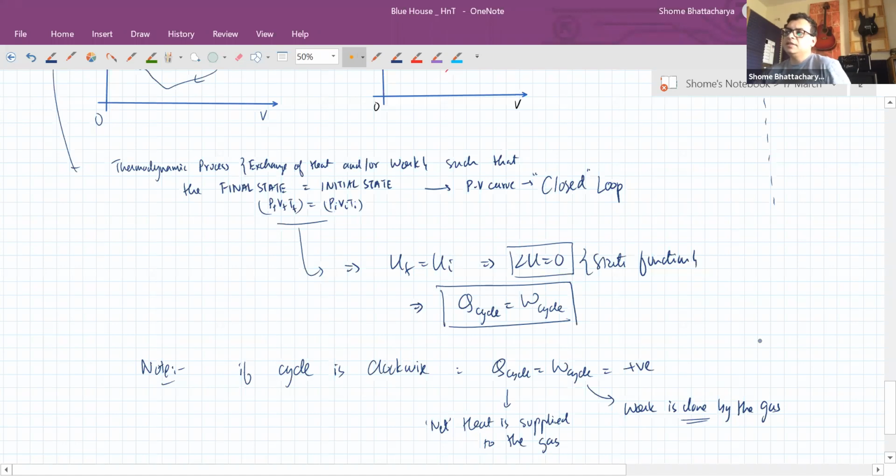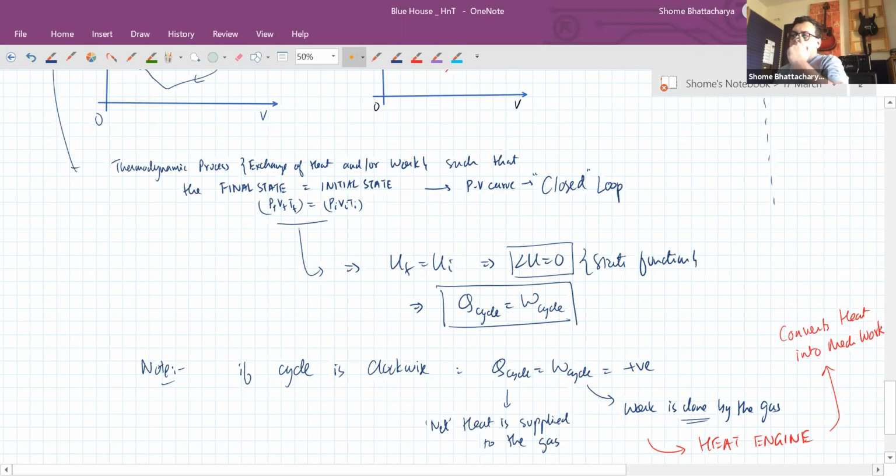So it's like the external agent is supplying heat to the gas and extracting work out of the gas. So that's why this kind of cycle is called a heat engine cycle. The system performs like a heat engine. It converts heat energy into mechanical work.